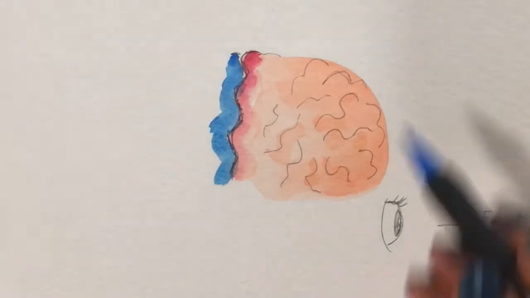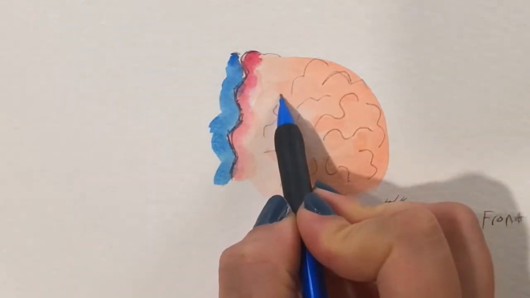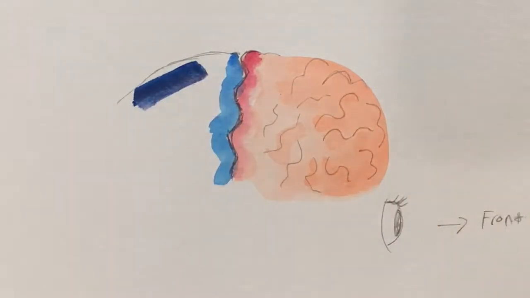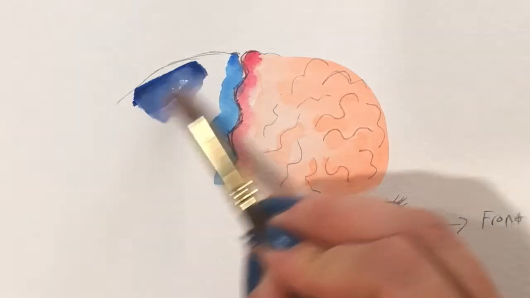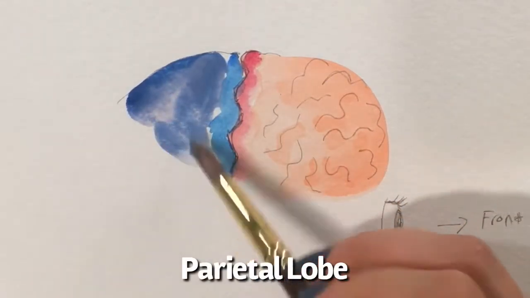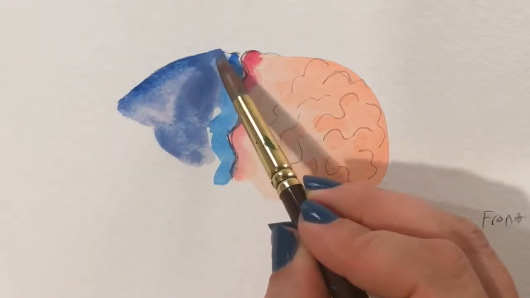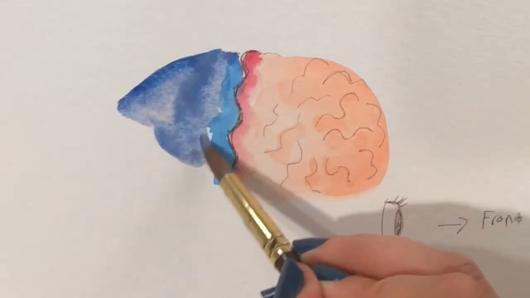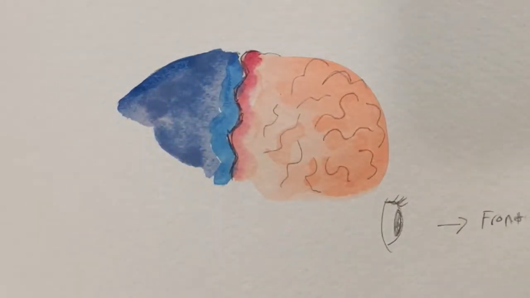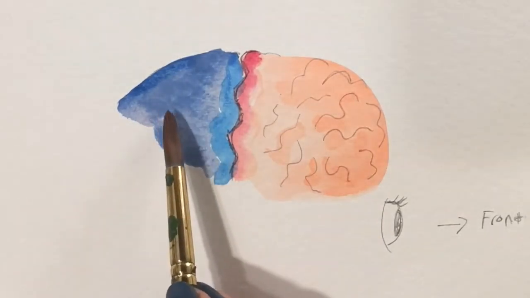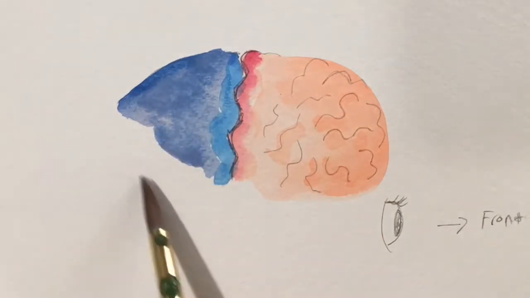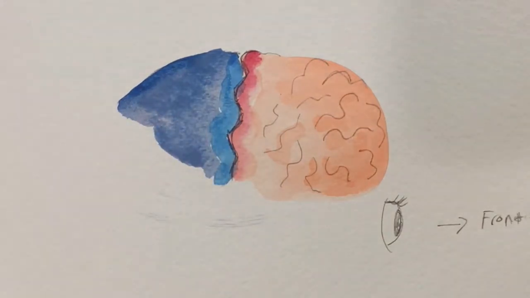We're going to now move on to the lobe that is behind the frontal lobe. This is called the parietal lobe. The parietal lobe is where we're going to have our sensory for pressure or pain. Now the parietal lobe doesn't have any named sulcus or gyrus around it, and below it, we're going to have the temporal lobe.